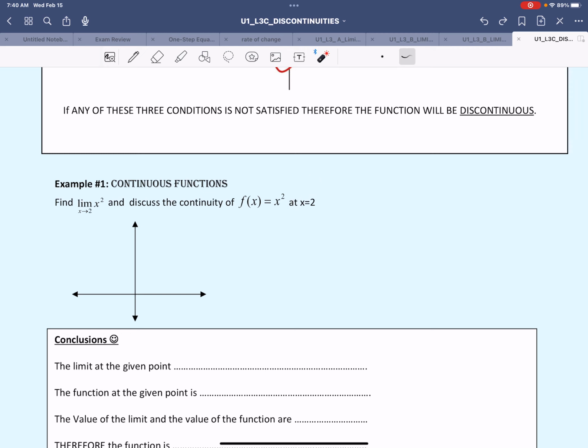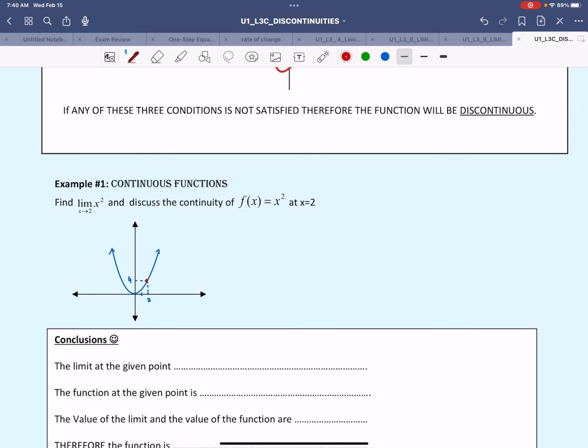Now we know this function is continuous and we are very familiar with the graph of it, which is the graph of a parabola. So it's a quadratic function. So the vertex of this quadratic function will be exactly at 0, 0. At x equals 2, we know that the value of the function will be equal to 4. So this is the point that we are discussing, x equals 2.